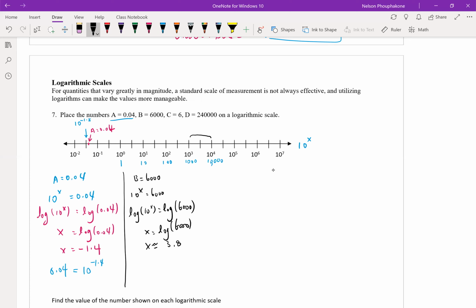So meaning 6,000 is roughly about 10 raised to the power of 3.8. Then you will see that here, this one right here is 10 to the power of 3.5, then 3.8 is roughly about here. So this is actually my b value.